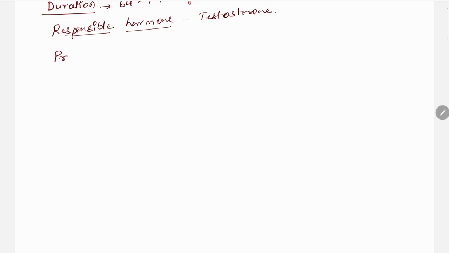Now we'll see the process. The process of formation of spermatogenesis we can divide into 3 steps. So the first step we call spermatocytosis, which approximately takes 16 days to complete. Then the meiosis process will start. In spermatocytosis there is a mitosis process. Spermatogonia is going to form the spermatocyte.